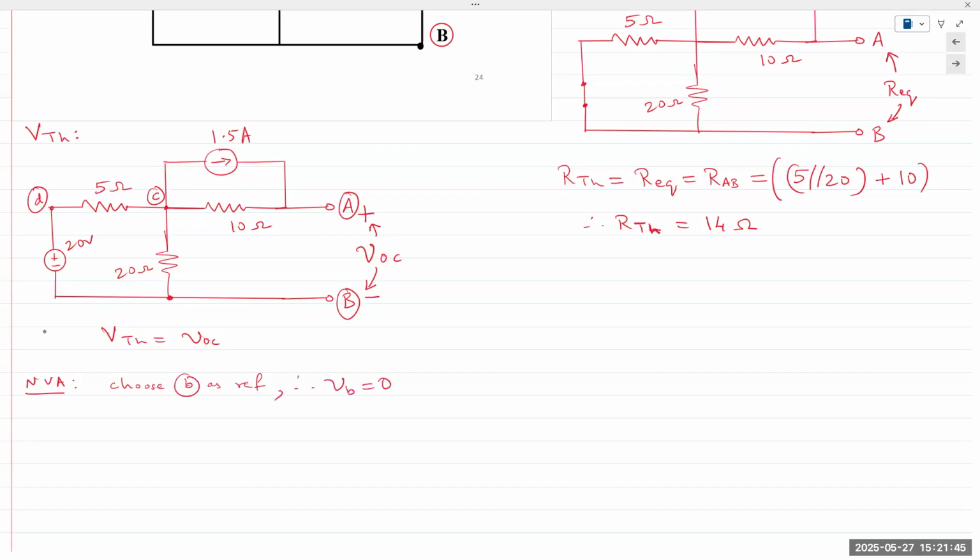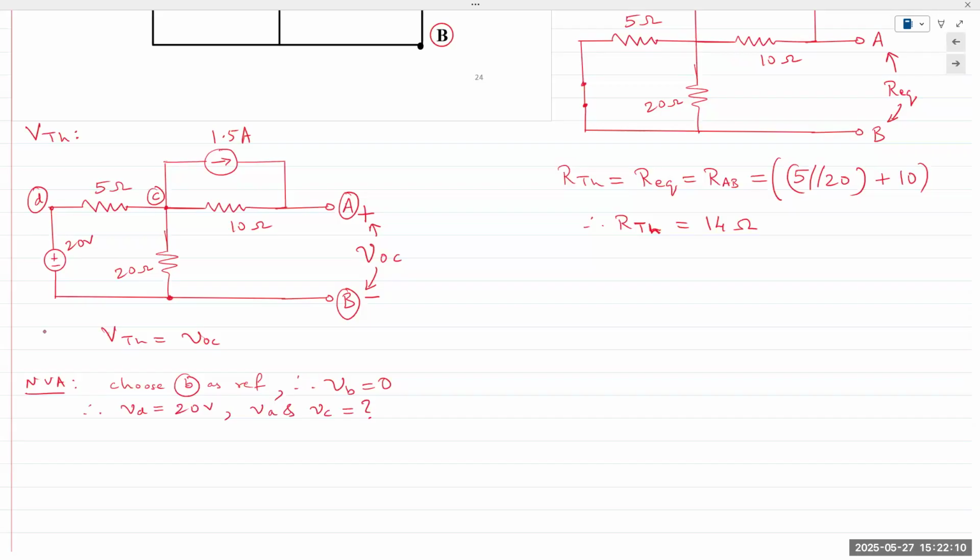And also, VD would be 20 volts. So I am left with two unknowns, VA and VC. So I need at least two equations to solve for this. Okay, VA and VC, two unknowns.